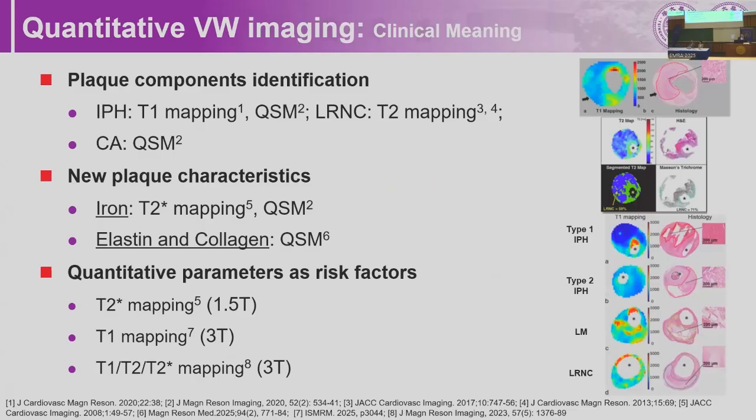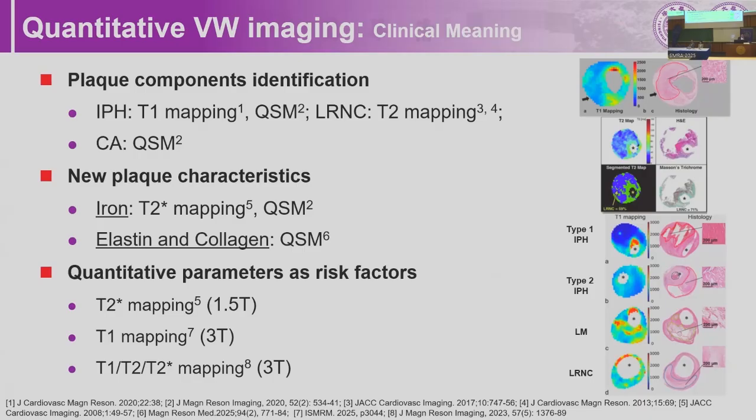Why do we want to do quantitative vessel wall imaging? It can overcome some of the problems of traditional vessel wall imaging. First, quantitative imaging can also be used to identify plaque components, including intraplaque hemorrhage, lipid-rich core, or calcification.